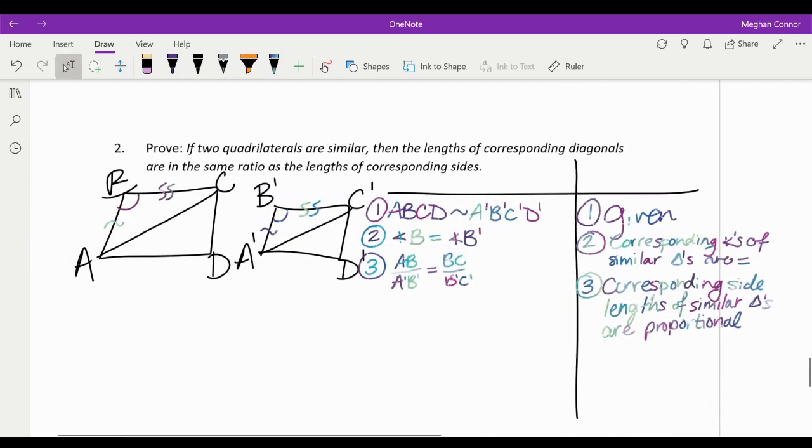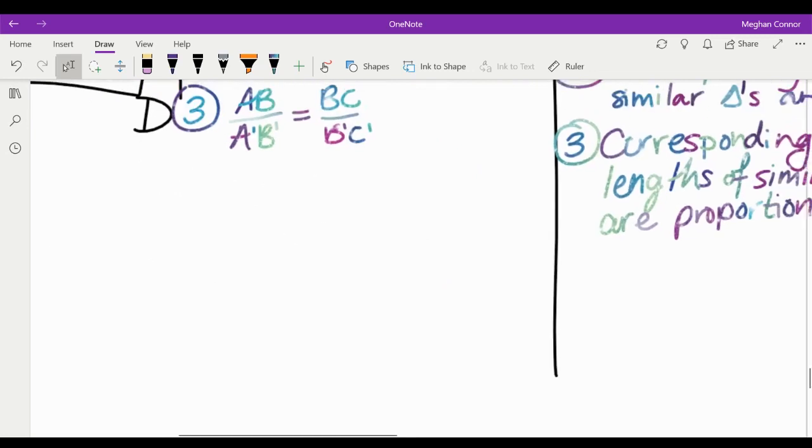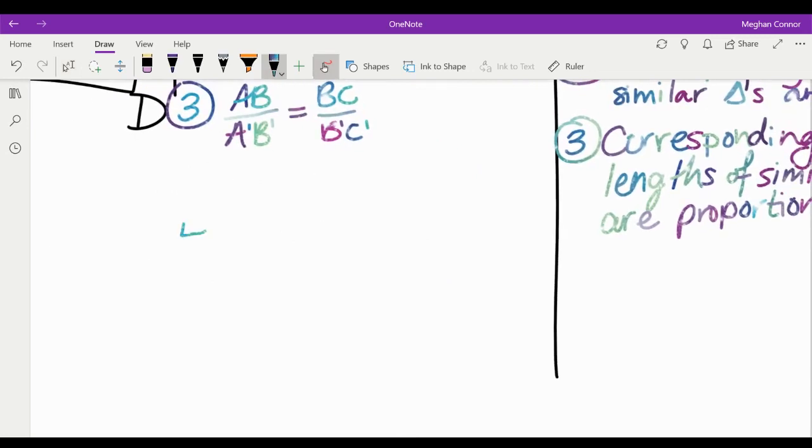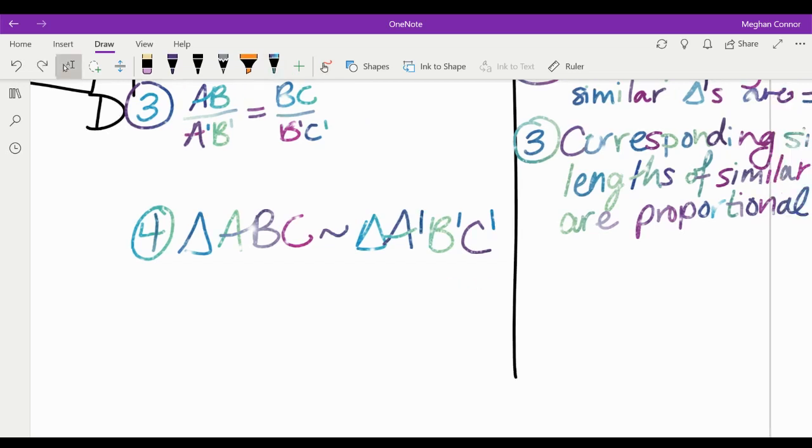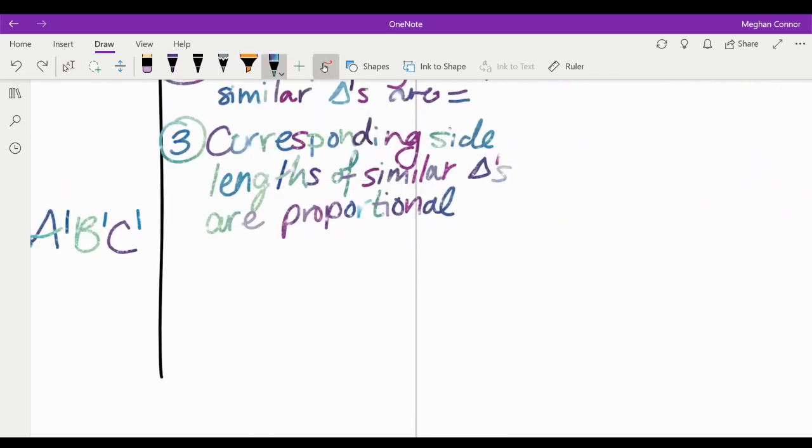Okay, now that I've said all of that, I can say that those two triangles are similar to each other. Triangle ABC is similar to triangle A prime B prime C prime, and that is our side angle side similarity criterion.